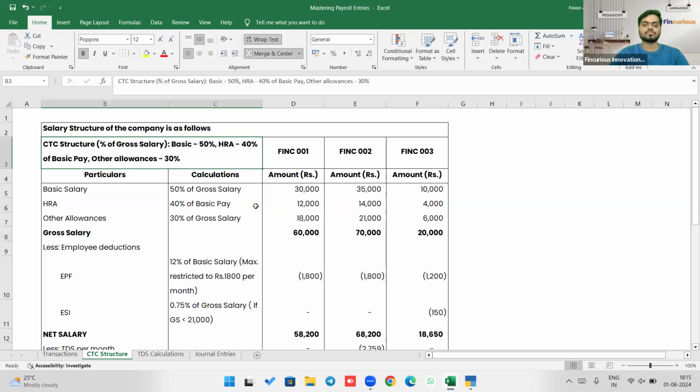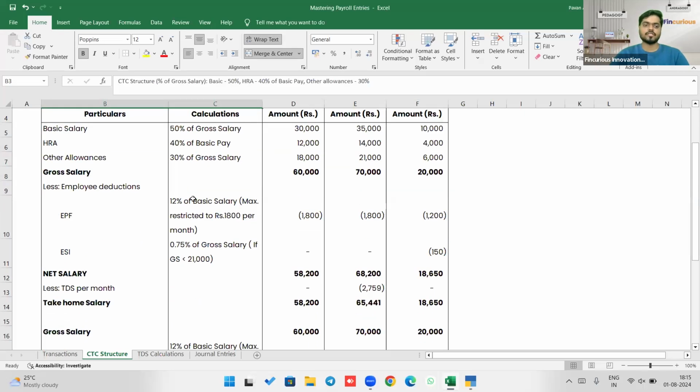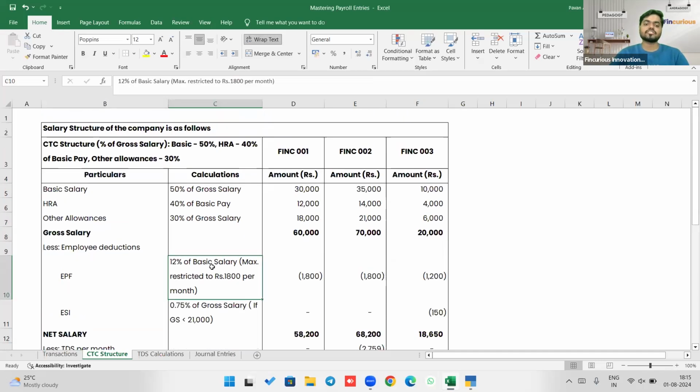So now the most important thing we need to understand is, what are these EPF and ESI deductions? From gross salary, the employer deducts some amounts, which are called employee deductions. How will he deduct? 12% EPF. EPF means Employee Provident Fund. It will be deducted at 12% of basic salary. So what is 12%? 30,000 into 12%. But the maximum is restricted to only 1,800 per month.